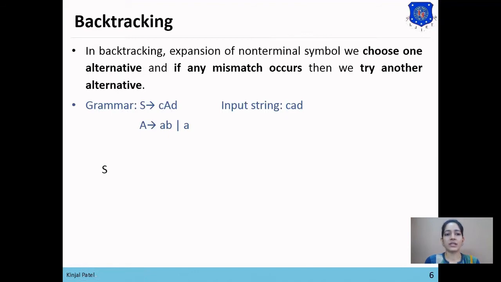S produces CAD. Now, the A non-terminal will be replaced by one of the alternatives, but in the input string, we want A after C. So what will the parser do? Parser will choose one alternative which starts from A. So here it will select the first alternative, as it takes the decision from seeing one input character only. So it will select AB.